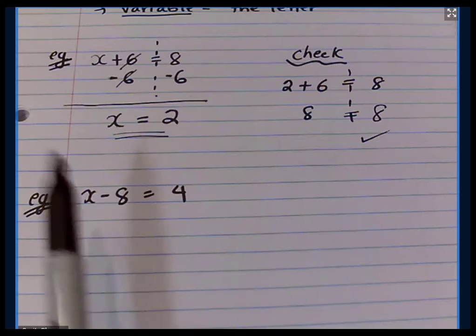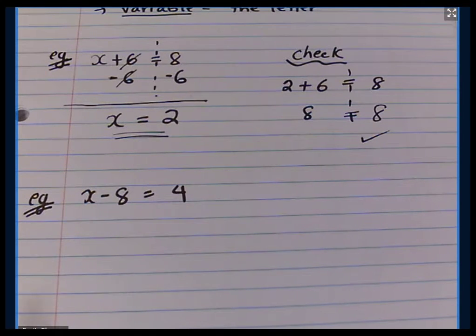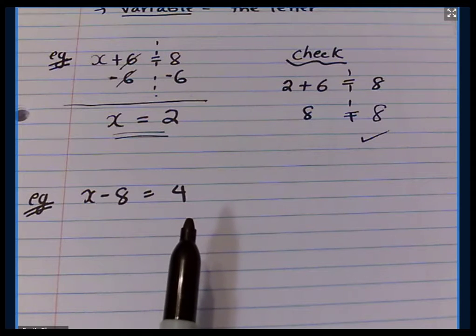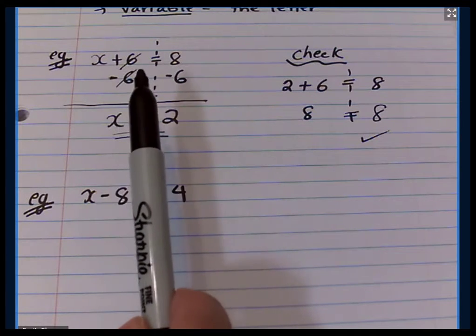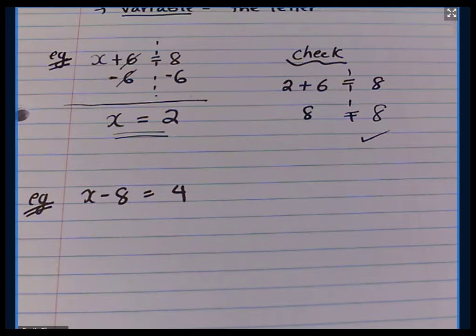Because we know here already what number subtracted by 8 will give us 4. Well, it's going to be 12 minus 8. That's going to give me 4. Even here, we know 2 plus 6 will give me 8. But it is important to start showing your steps, because the problems become more complex, where you have to show 2 to 3, sometimes even 4 steps.